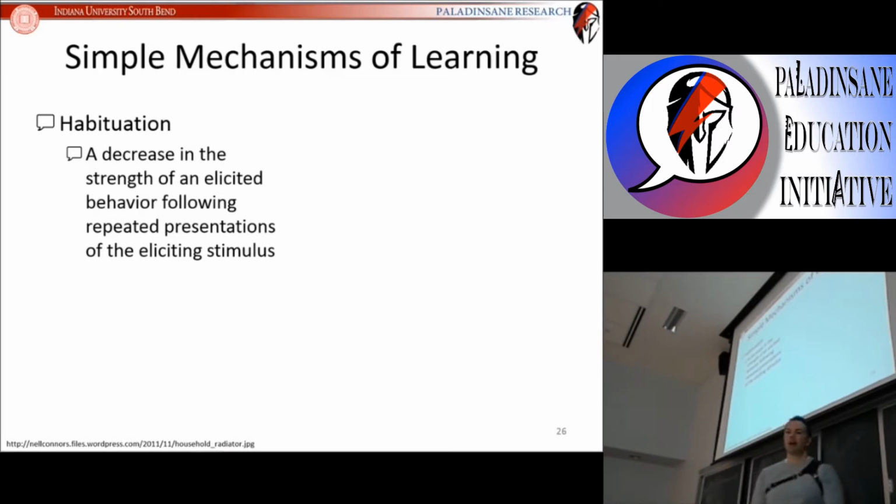Like, if somebody snaps their finger, you immediately have your attention drawn to that place. The eliciting stimulus is just the stimulus that caused that behavior. And habituation is a phenomenon where your response to that stimulus will decrease over repeated presentations.